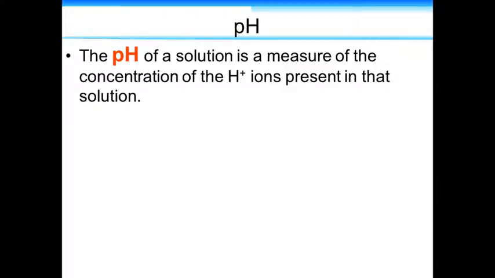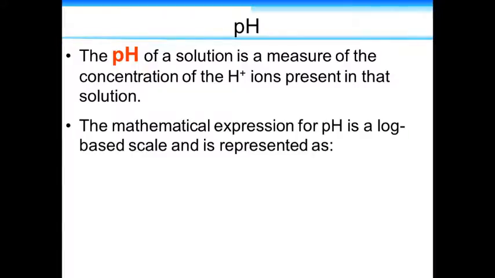And pH itself is a measure of the concentration of H+ ions. It's the power of the hydrogen ions. We use a log-based scale to calculate pH. This helps us remove scientific notation from the equation and express the concentration of H+ ions in a more simple form.